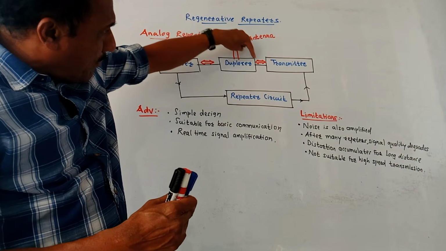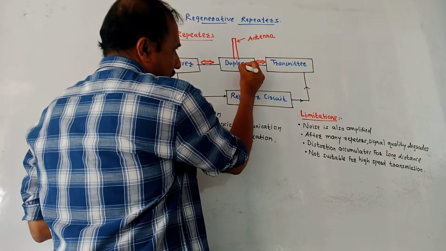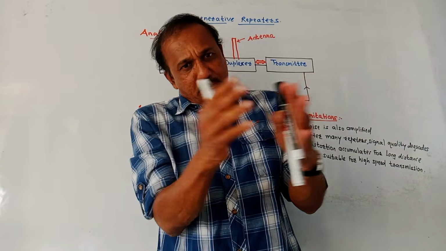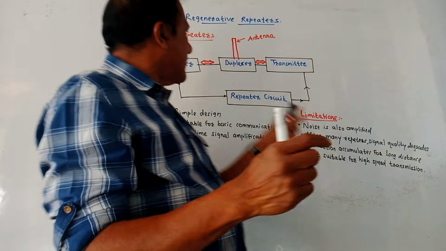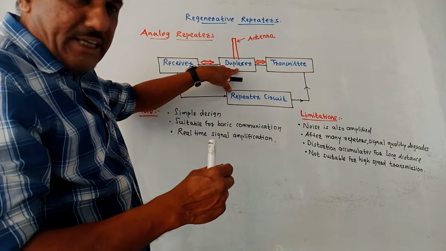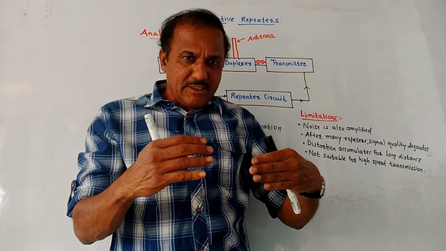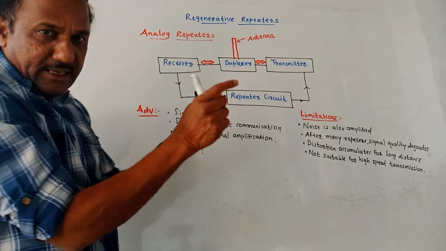Then this is the duplexer block. Since we are making use of the same antenna, there should not be mixing of transmitter and receiver signals. To separate out these two, the device called a duplexer is used. Then this is the receiver block. The incoming signal is weak after traveling a certain distance, so the receiver accepts these weak signals.